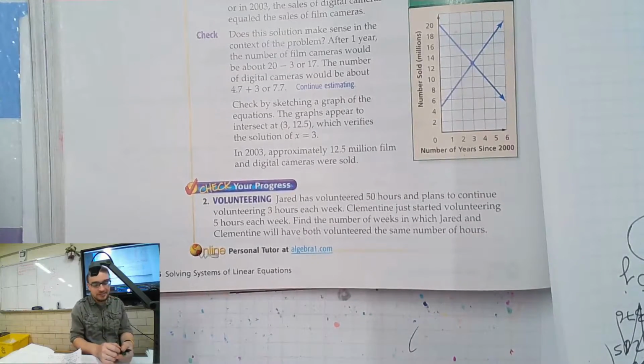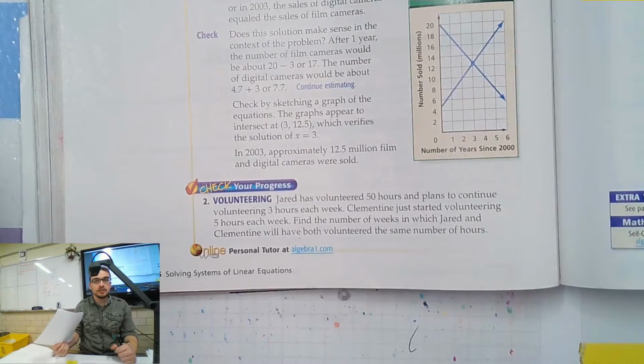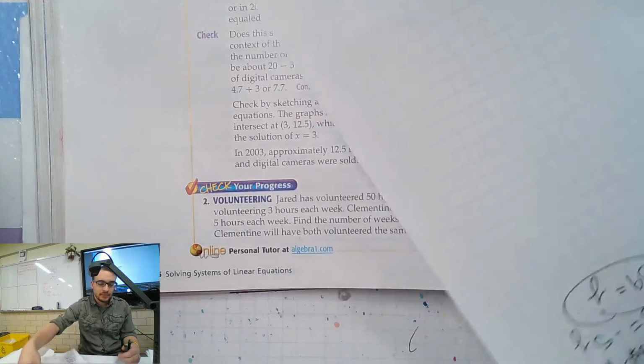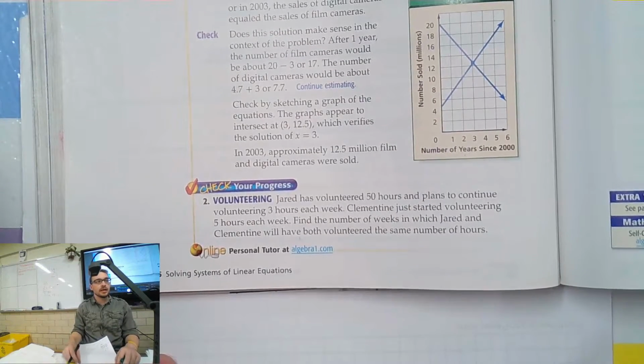Jared has volunteered 50 hours, and he plans on adding 3 hours more each week. Now, this is not going to be an equal sign. We're not going to have an equation here because it doesn't tell you how many hours he has total, right? So it's just going to be an expression, no equal sign.